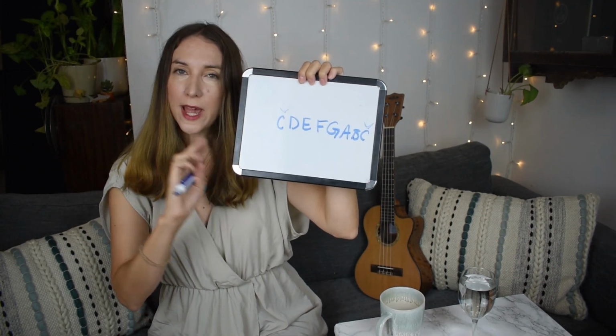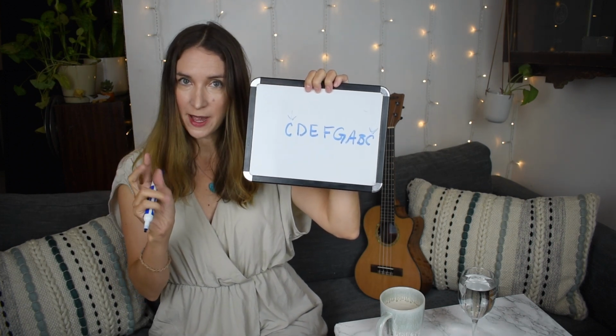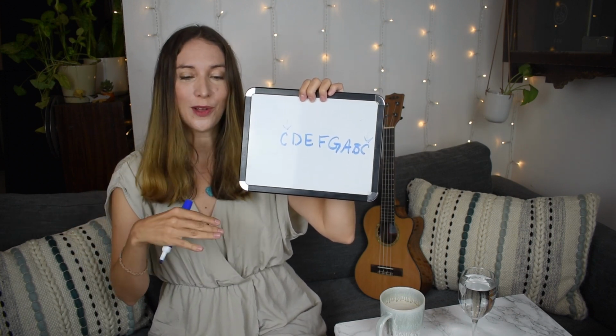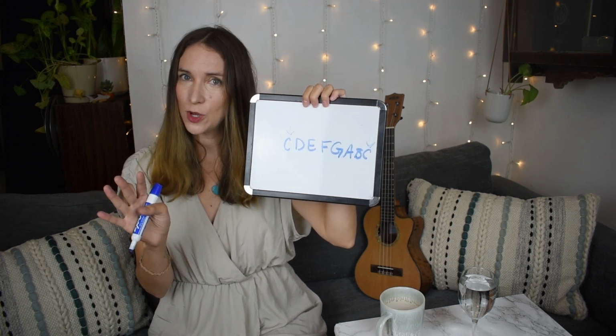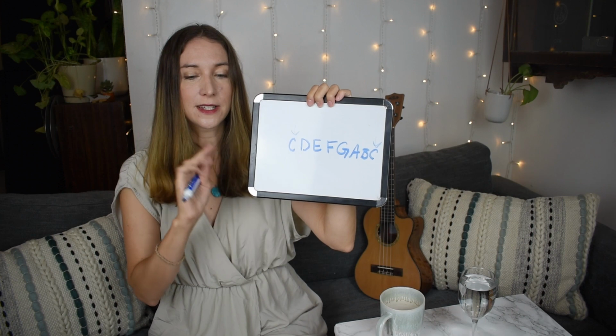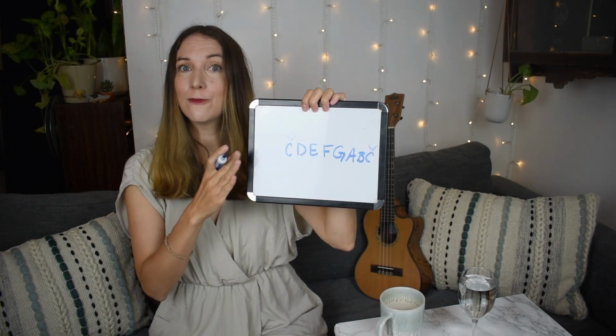And the way that a major scale is structured is by a series of whole steps and half steps. Some places call them tones and semitones. We're going to call them whole steps and half steps. We're not going to get too much into this, but I just want you to know that this is what makes a major scale a major scale. And it's the same for any major scale.